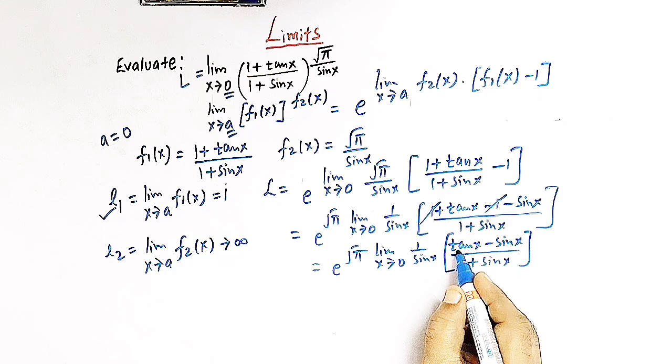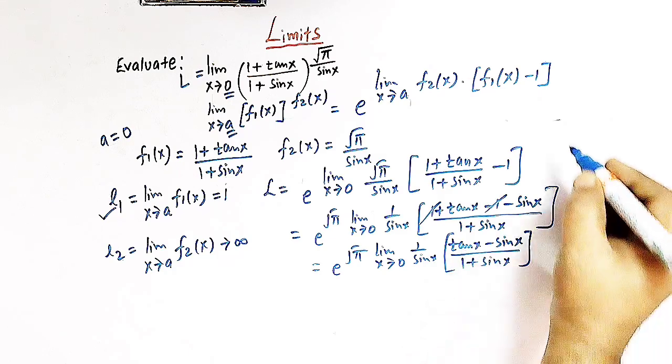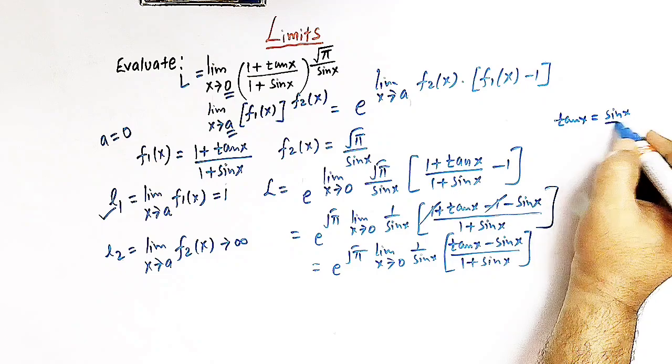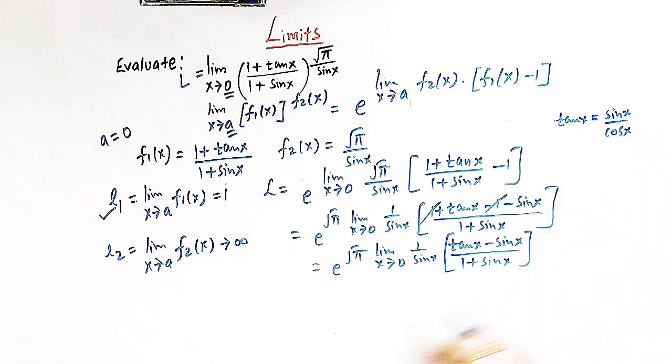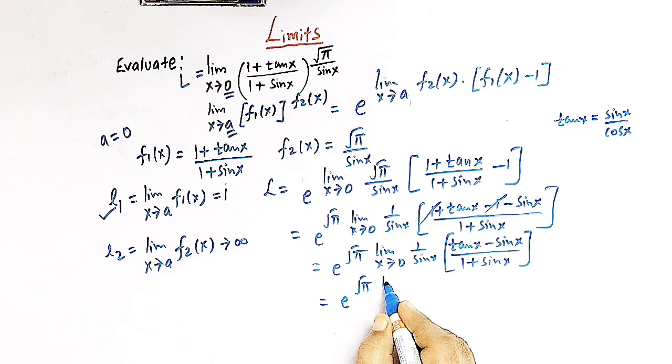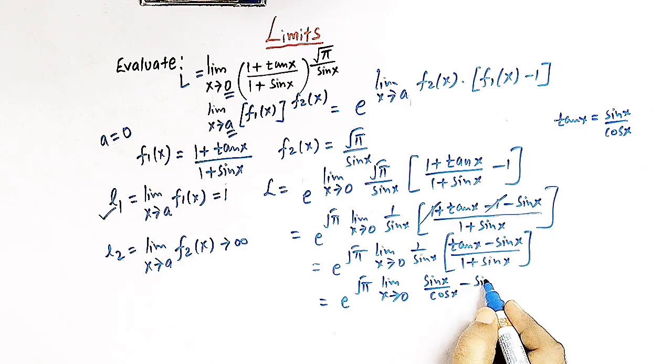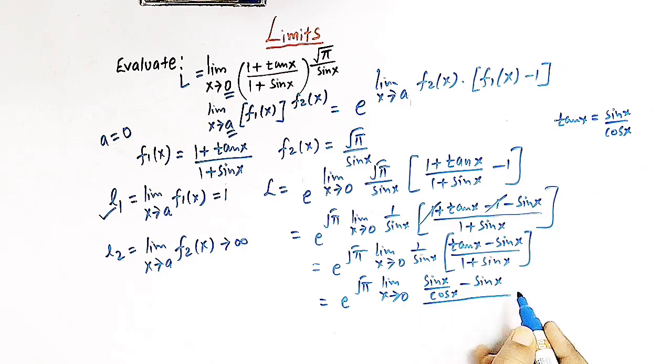Now here we can write tan x as sin x over cos x. So we can now write e raised to square root of pi times limit x tends to 0, and we have (sin x over cos x minus sin x), and in the denominator we have sin x, and here we have 1 plus sin x.